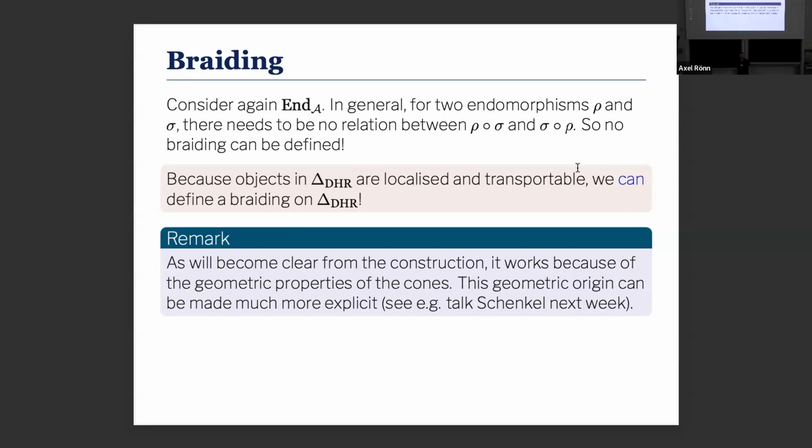Well, if you take these two arbitrary animals, in general there's no reason why there should be an intertwiner between them. Typically, they will not exist. So we cannot define a braiding at this scale. But in our category, we have much fewer objects, and now we can define the braiding. And we are going to use that our objects are localized and transportable.